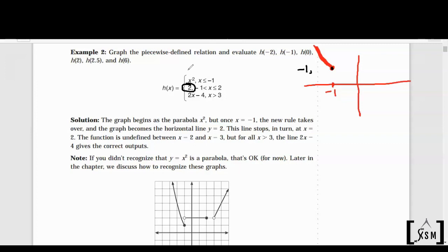Y value was minus 1 whole square. I'm talking about the first function, which is 1. So this point is (-1, 1).